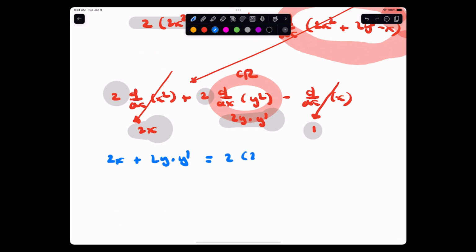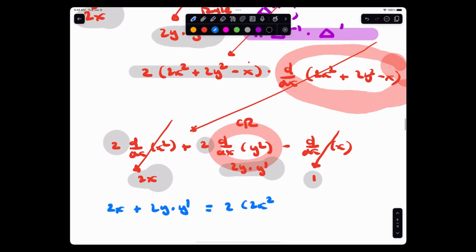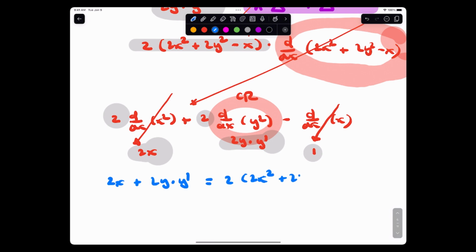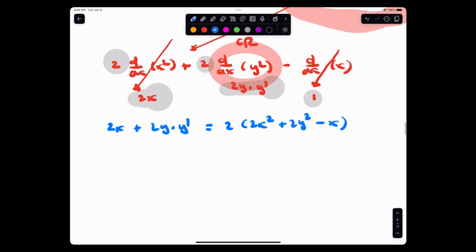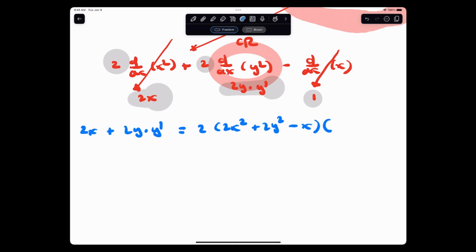Now on the right, you have 2 times (x squared plus y squared minus x). Now this is going to be times, okay, so double check to see if we left anything off, times 2 times 2x, which is 4x plus 4y, y prime, minus 1 here. Parentheses. We're out of space. Maybe I can fix it.